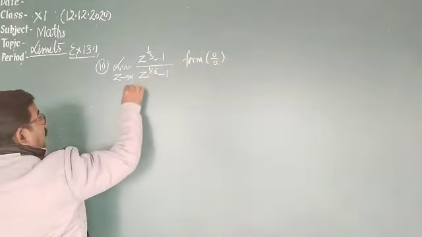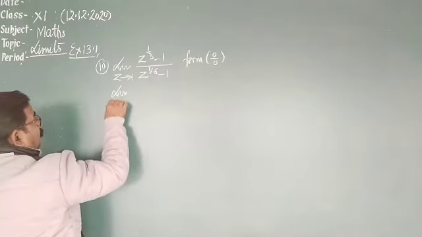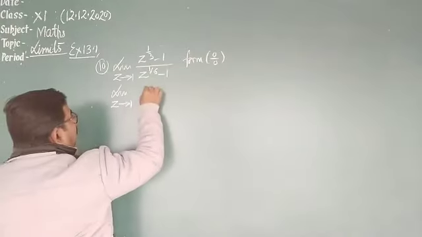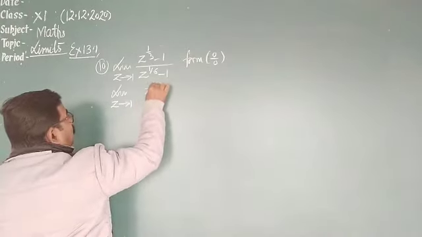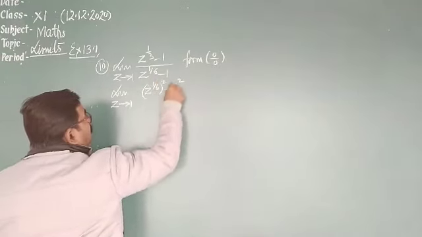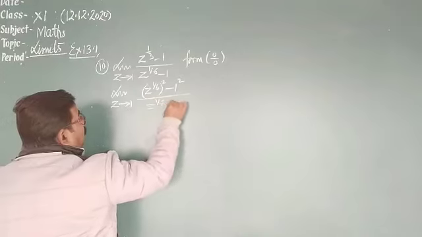Means see, limit z tends to 1. This can be written as z to the power 1 upon 6 whole square minus 1 square upon z to the power 1 upon 6 minus 1.